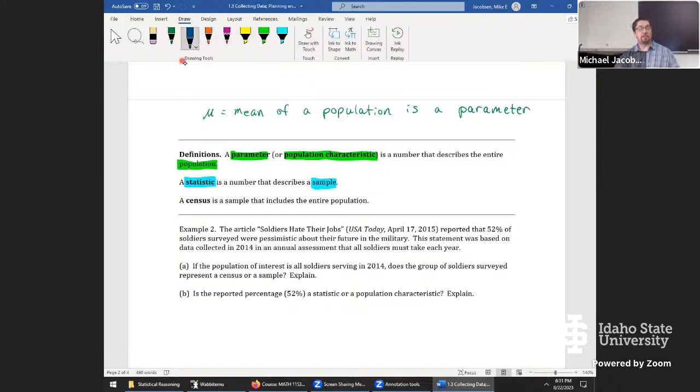Then when we looked at X bar, we're just studying the sample of 100 students. X bar itself is the mean of the sample, and it is a statistic.